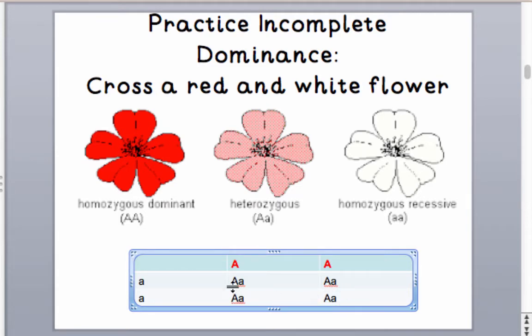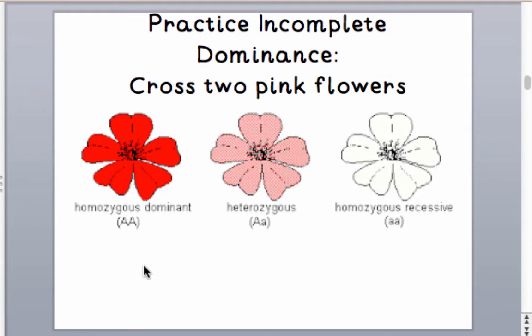Here we have 100% all showing the heterozygous type of phenotype and the heterozygous type of genotype. The genotype shows both alleles, but since none of them are completely dominant, what we will have is a pink color.